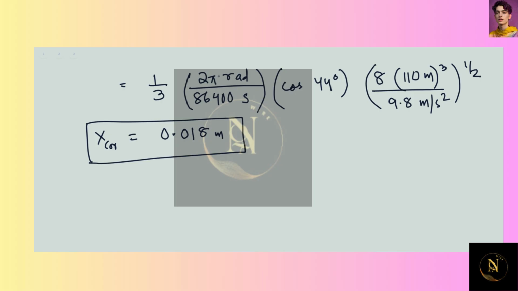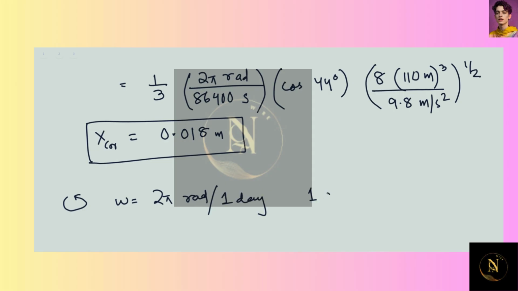One more thing that I want to mention is if you are worrying about how to get omega, remember that the Earth covers one full rotation in 24 hours. So we have 2 pi radians in 1 day.